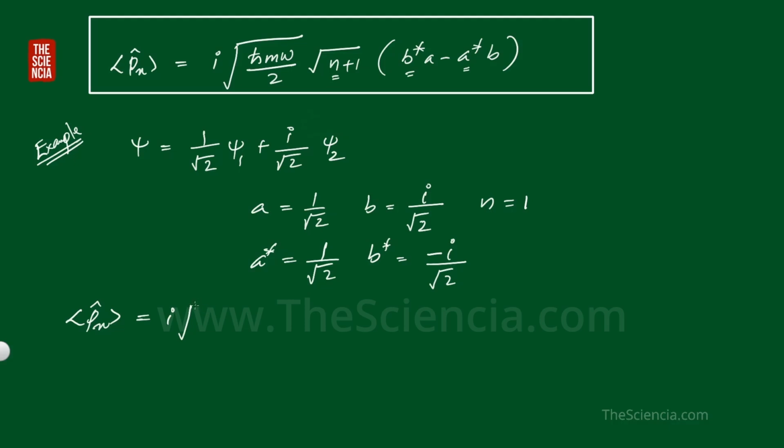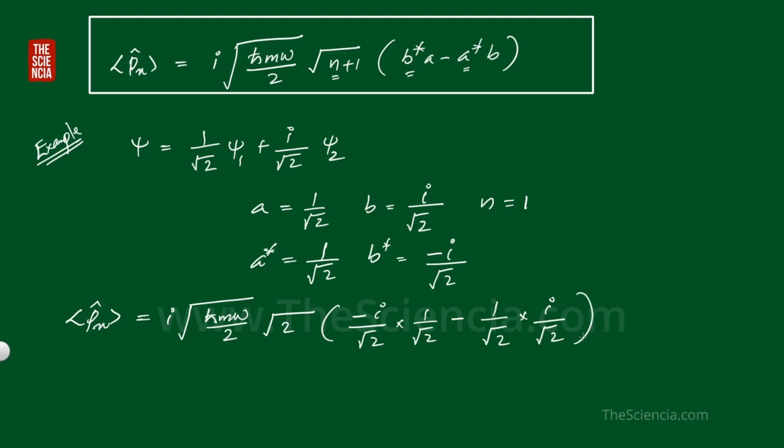Now we have to substitute all these values in this expression, that is Px equal to i into root of h cross m omega by 2, root n plus 1, that is 1 plus 1, 2, into B star. What is B star? B star is minus i by root 2, into A, that is 1 by root 2, minus A star. A star is 1 by root 2 into B, that is i by root 2. So we got this equal to i root of h cross m omega. So we can cancel this root 2 and root 2, right?